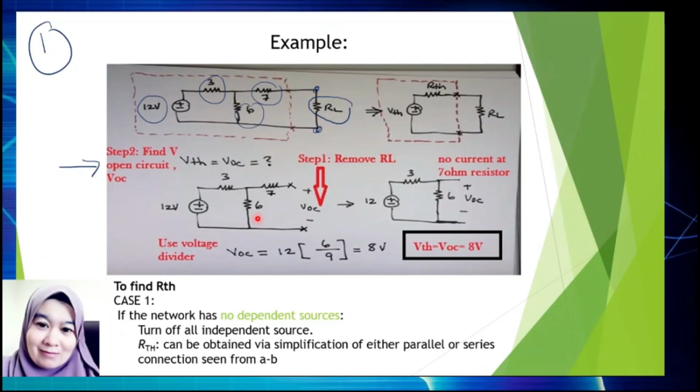So this is VThevenin or the open circuit voltage, VTH equals VOC equals 8 volts. It is explained here: no current at the 7 ohm resistor, because we open, meaning we cut the wire.